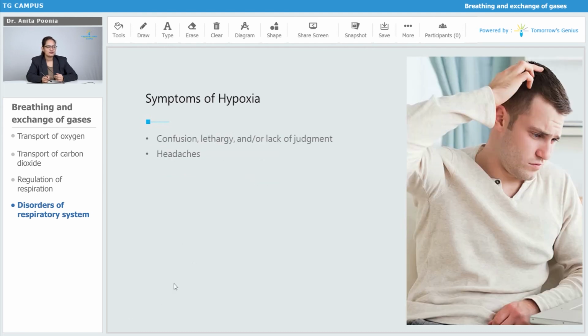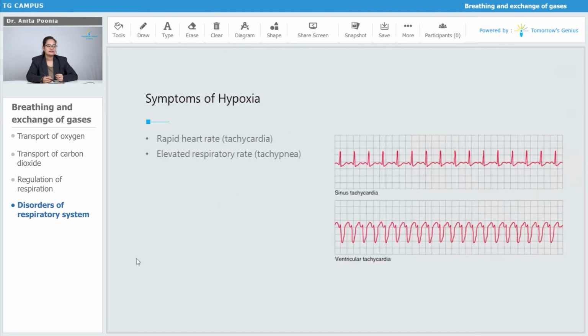Then some more symptoms are confusion, lethargy, or lack of judgment, or maybe headaches. And some more symptoms are rapid heart rate, that is tachycardia, or elevated respiratory rate, that is tachypnea.